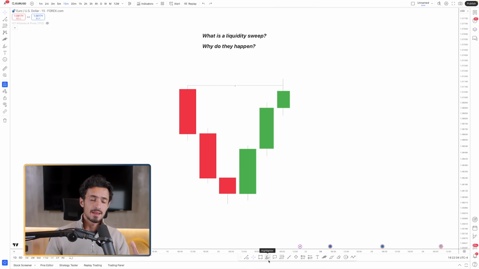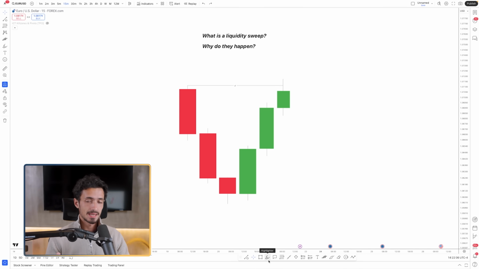Now that you understand that every buyer needs a seller and every seller needs a buyer, you need to understand how an institution operates. You see, institutions, when they want to place large orders in the market, they know that they have large volume. That means that if they want to place a position, it's going to be a big position. But for them to do that, they need somebody on the other side of the market to take that position.